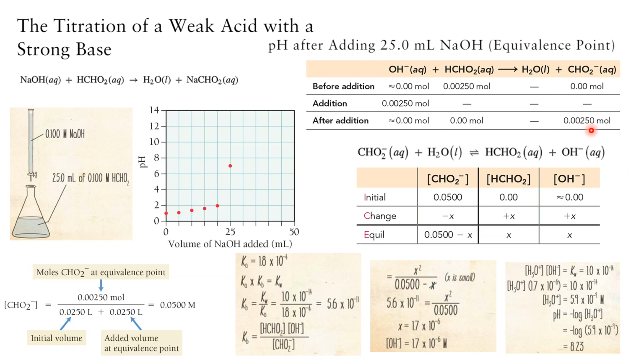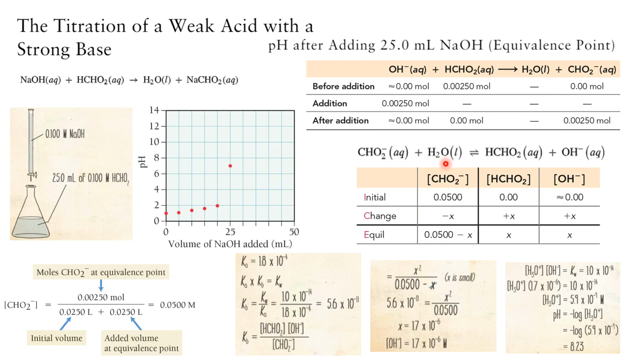And the question is, how much of this conjugate base is going to convert back to HCHO2 spontaneously, right? Like, how is this going to happen? How much of this is going to go towards the right? And notice I have an equation here to show that. I have my conjugate base, which is all I have left in the solution. That's it. And it's in water, obviously.